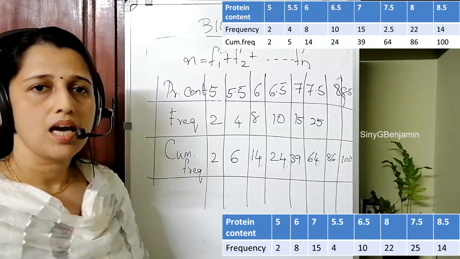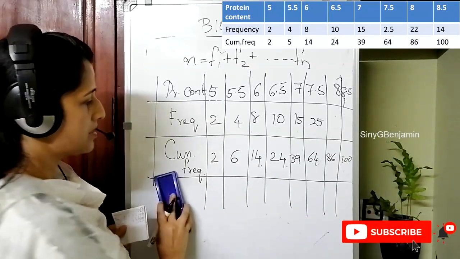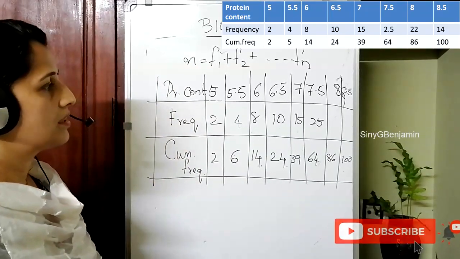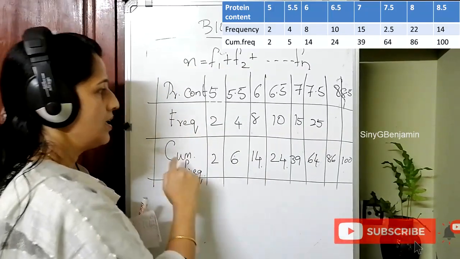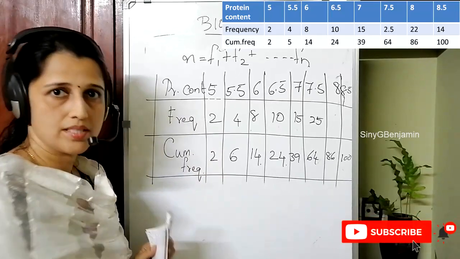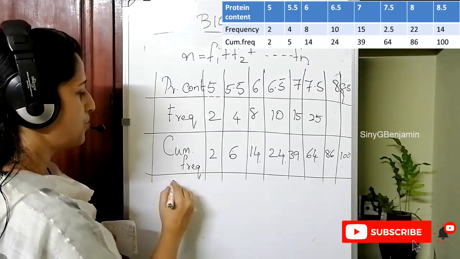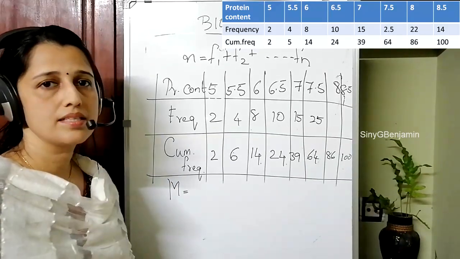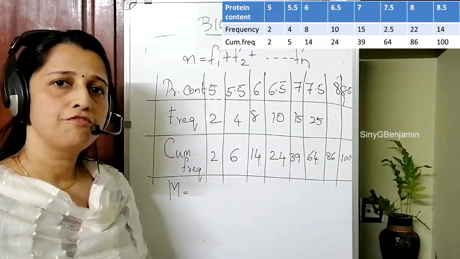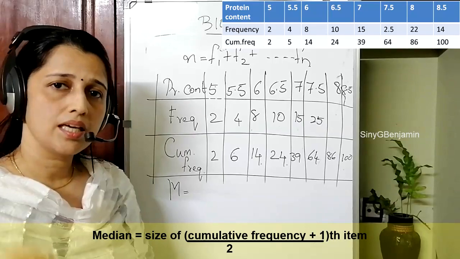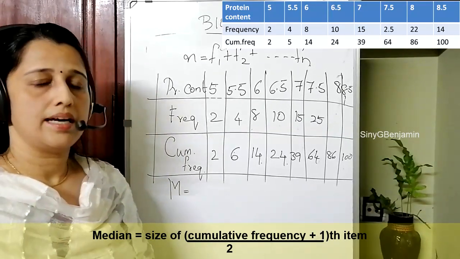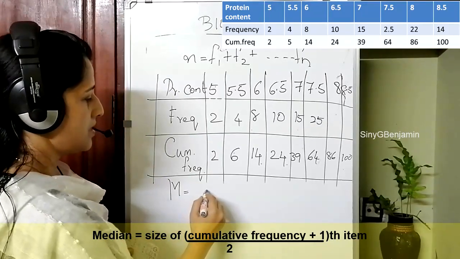Then now let's see how to find the median. This is the first step: arranging the data in ascending order, then based on the frequency, the cumulative frequency is calculated. Now let's see how to calculate the median. Median is equal to the size of (n plus 1) by 2th item.